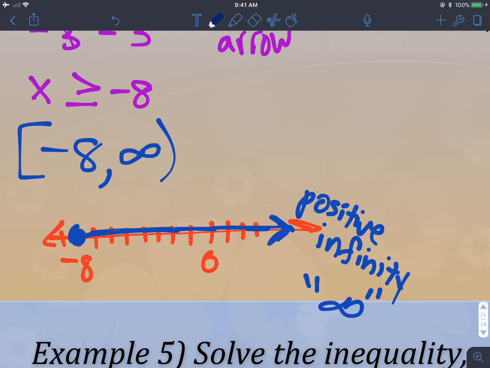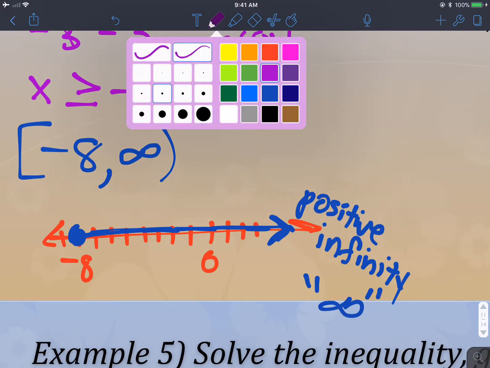It goes on forever. All right? So it starts at -8 and goes all the way forever to like 1,000, 2,000, 10,000, 100 million. It goes on forever. So infinity will never end. That means we have to put a parentheses.